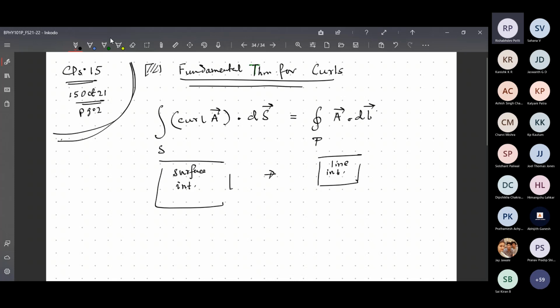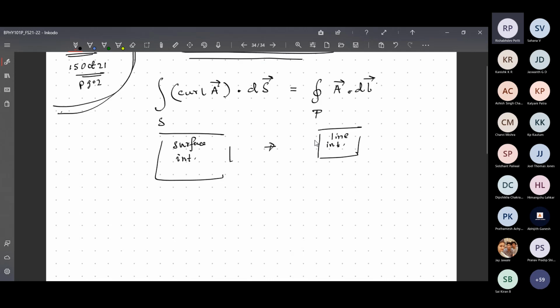Line integral always. So it is over a line, and this P represents the line. You can also think of it as a path, a perimeter. It is like a path. That is why I have used the notation P. Nothing very sacrosanct.